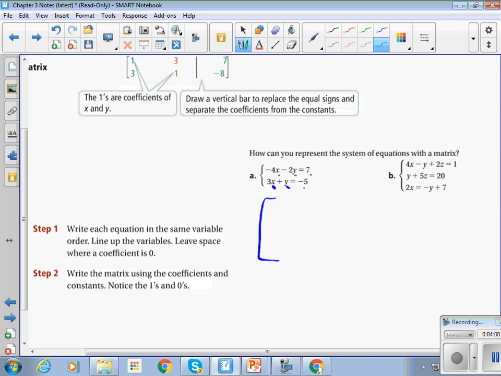Once you make sure you have the right form, we can proceed with our matrix. So the coefficients of our x's, then the coefficients of our y's, our divider bar, a vertical bar to show our equal sign, and then our constants.